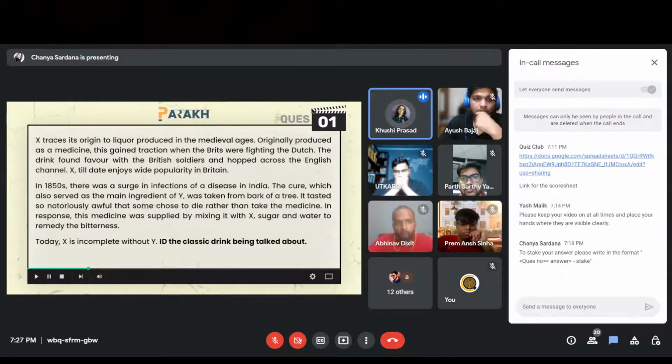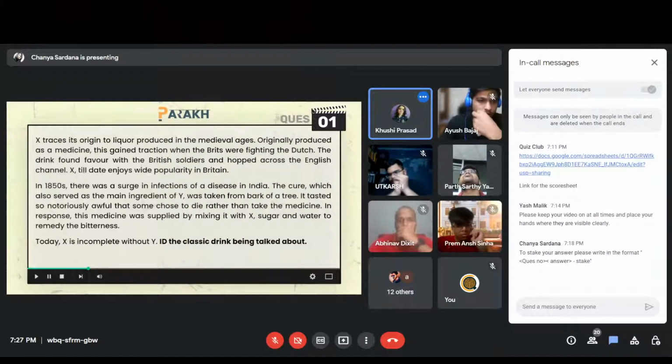So the pounce window is open. You can pounce on your team channels, and this is direct for T1. So we have received a pounce from team 4.